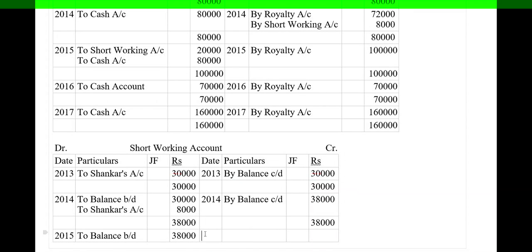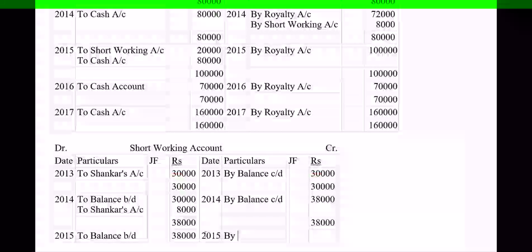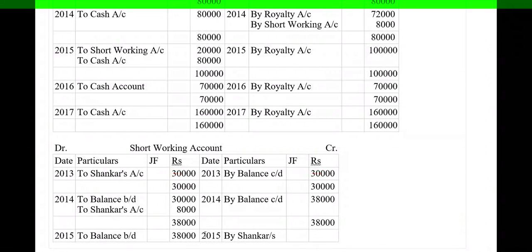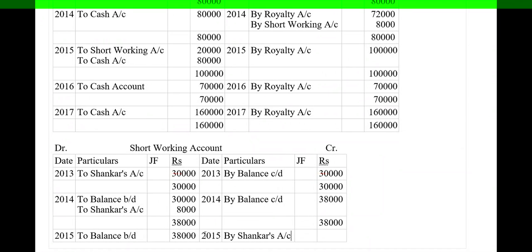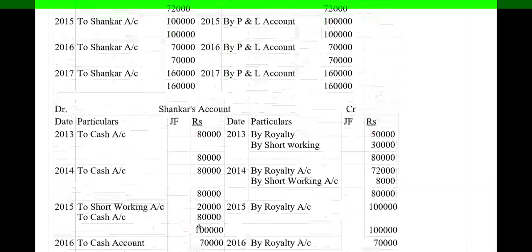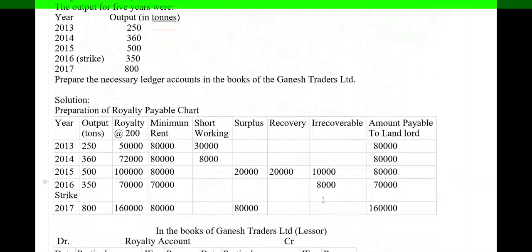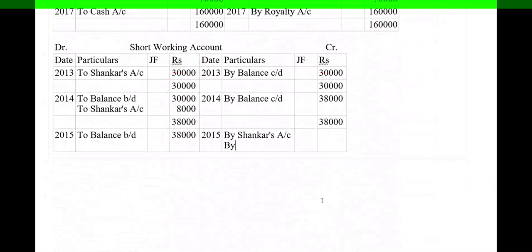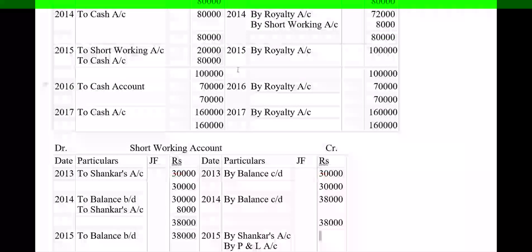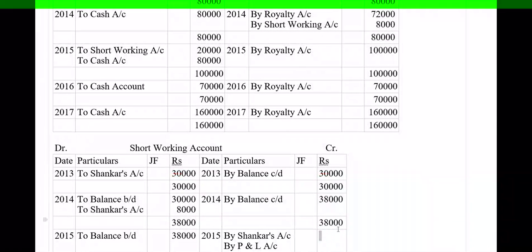Now you see here there is a recovery of short working in the year 2015. When there is a recovery here, so here by Shankar's account, then there is a recovery of rupees 10,000 in the recovery column. So by P&L account, there is a recovery of short working of rupees 20,000 here.